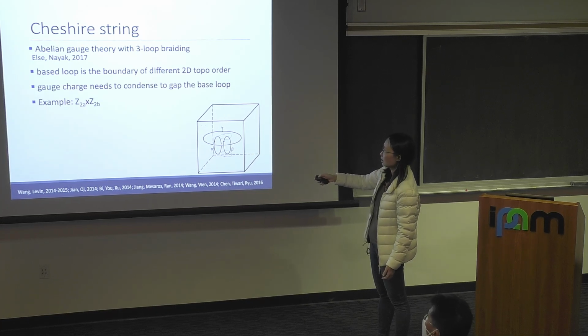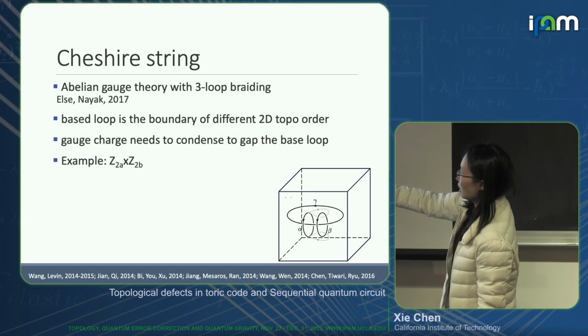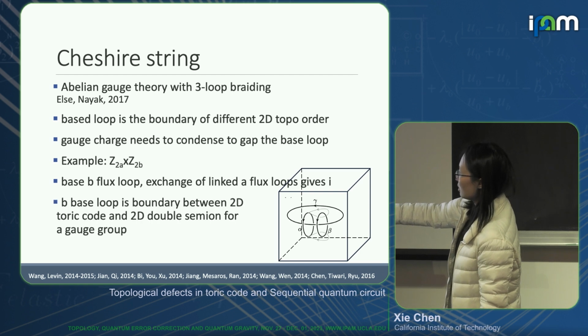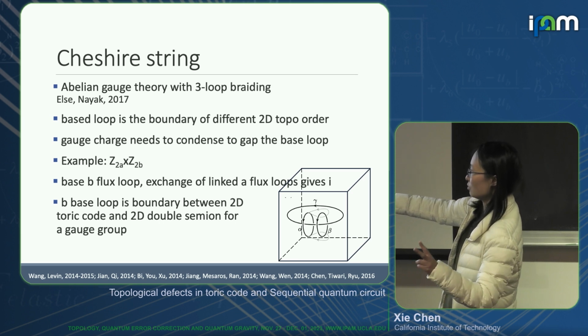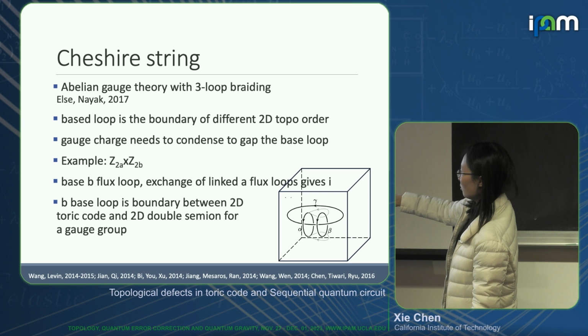For example, in a very simple case of Z2 cross Z2 gauge theory, what happens is that the base loop is the boundary between 2D toric code and 2D double semion. So these are two different versions of Z2 gauge theory, and the base loop is a boundary between the two.